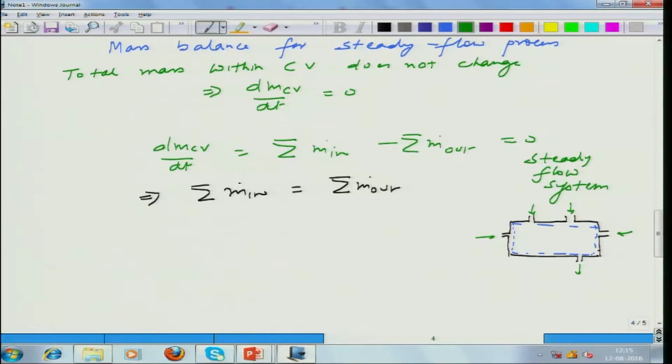So this could be your m1 dot, m2 dot, m3 dot, m4 dot, and this is m5 dot. Based on this expression, considering this to be a steady flow system, the summation of m dot in is m1 plus m2 plus m3 plus m4. This should be equal to the summation of the outlet mass flow rate streams, and this will be m5 dot. So we have now developed this expression for the steady process.